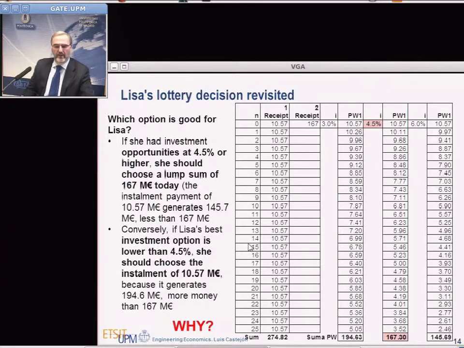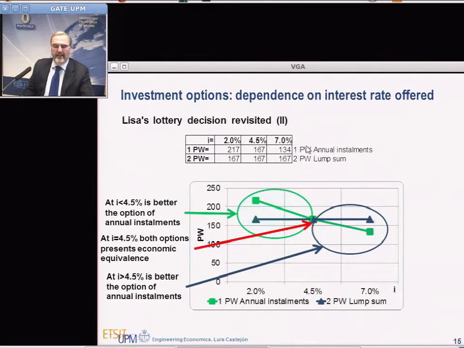So that's the original. And then if you write here the several options you can have, we are writing in the x-axis the interest rate, and here the present worth of the several alternatives. In blue you see the lump sum option, which always has the same present worth, 167.